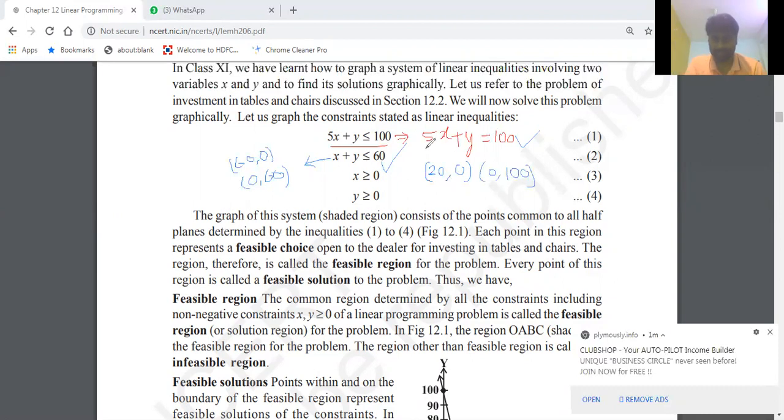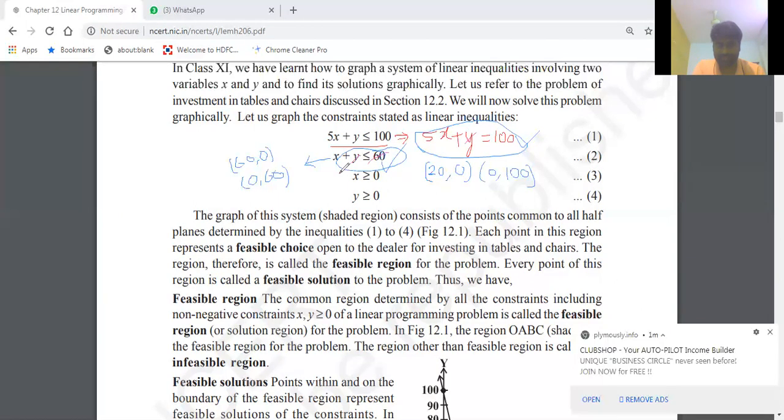Whatever we solve, these two equations, 5x plus y equals 100, x plus y equals 60. If you solve these, what point will you get? See here, y cancels.